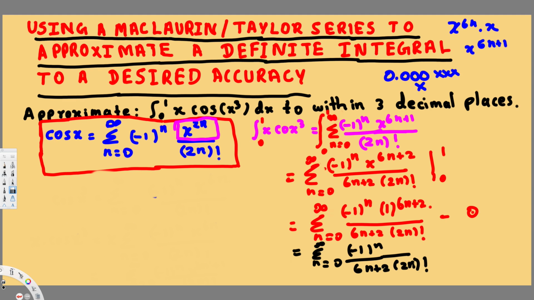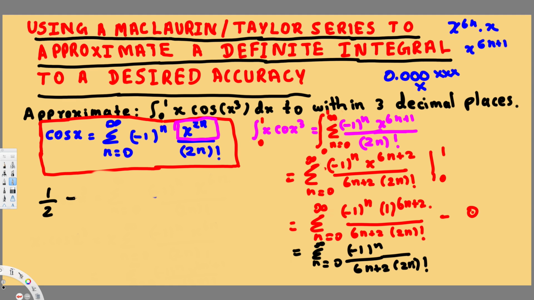Now we have to find the value until 3 zeros. So let's go ahead and plug in some values. It's going from 0, right? So the first term is going to be, if you plug 0, 1 over 2. The first term is going to be 1 over 2.